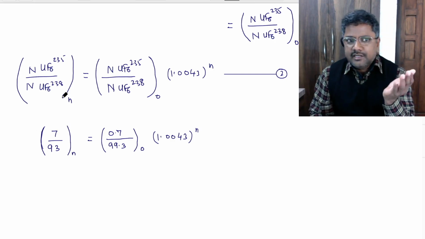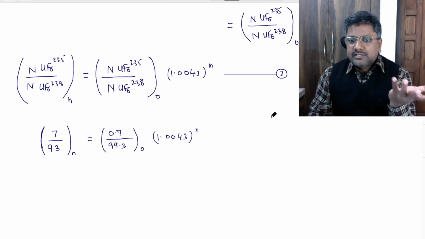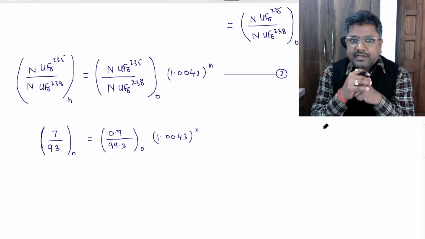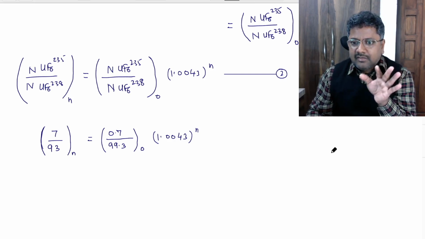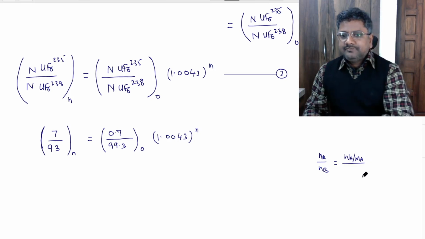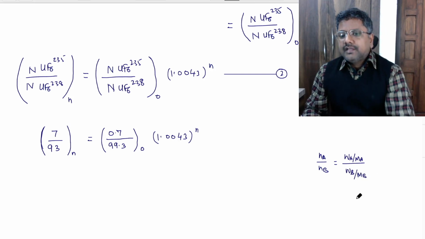So I think it is clear. See, this is the moles ratio. So if you take the mass ratio, it is equal to the moles ratio, as all of you know. In stoichiometry we have done so many problems related to this, that the moles ratio Na by Nb is equal to Wa by Ma whole divided by Wb by Mb, right?